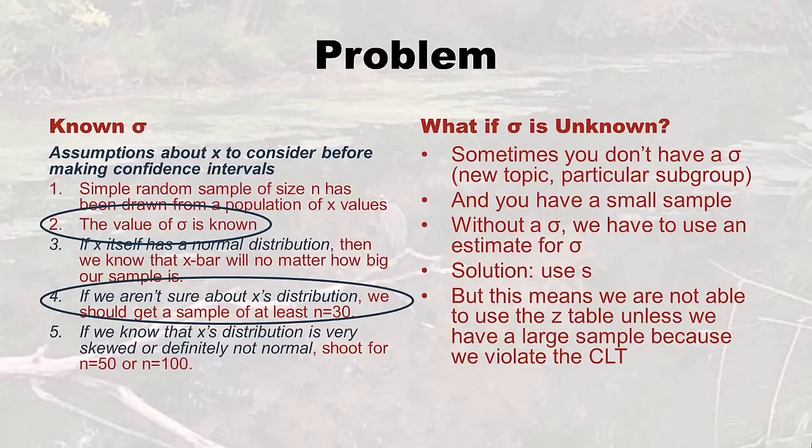So it's not the greatest estimate of the population standard deviation, but it'll do. You could use that. But it also means if you're going to use your sample standard deviation that we kind of violate the whole central limit theorem, right? I mean, we need a super large sample or else we're violating the central limit theorem. So this is kind of what the problem looks like.